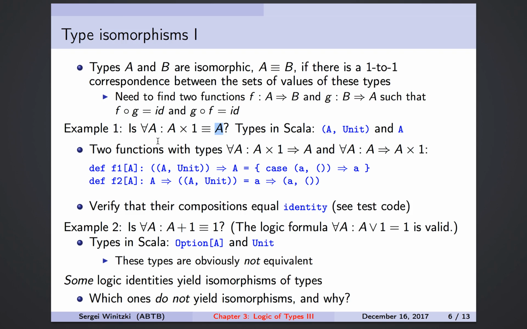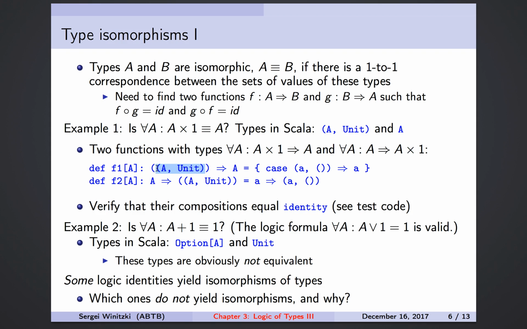So if we want to demonstrate that these are equivalent, we need to build two functions. Let's call them f1 and f2 in the code. The functions have these types. The first function has the type from a tuple of A unit to A. The second function is type from A to the tuple of A unit.